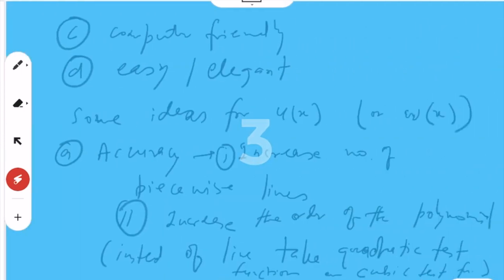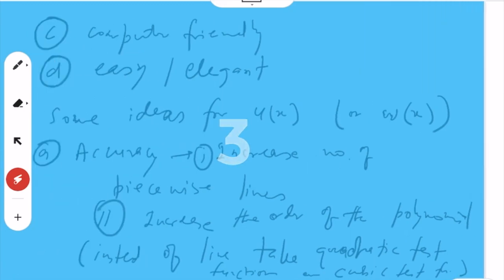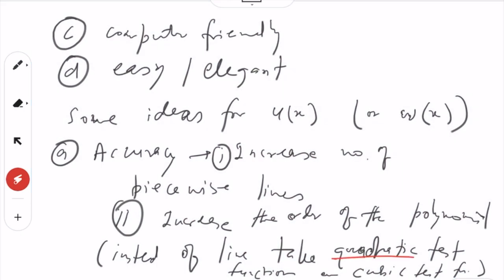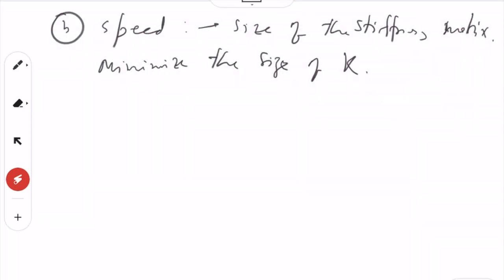Right now, since we have not studied how the quadratic test function is going to take less time, you can just see that in one case you have 20 polynomials, and in the other case you have just one only.